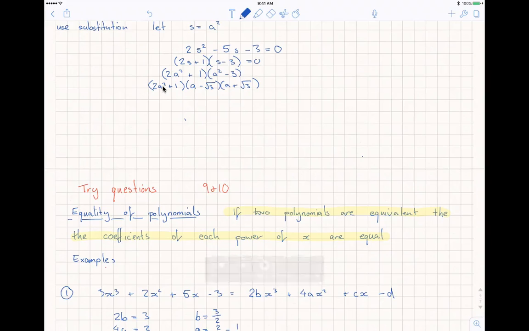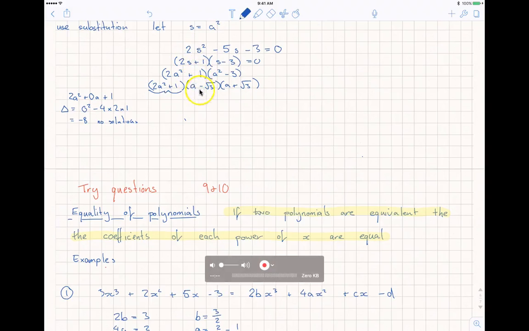Remembering that that's the same as saying 2a squared plus 0a plus 1, the discriminant is 0 squared minus 4 times 2 times 1, so the discriminant there is minus 8. So for that part of the expression, there are no solutions. However, here and here, we do have solutions. So we have a equals plus or minus the square root of 3.